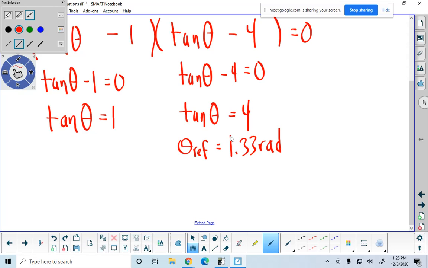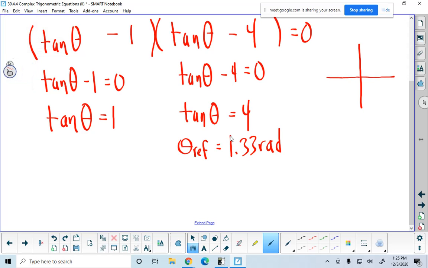Step 2, which 2 quadrants can the terminal arm lie in? Well, tangent is positive. Don't forget, tangent is y over x, on the unit circle or otherwise. So where are we going to get a positive for tangent? We're going to get a positive in quadrant 1 because x and y are both positive. And we're going to get a positive for tangent in quadrant 3 because x and y are both negative there.